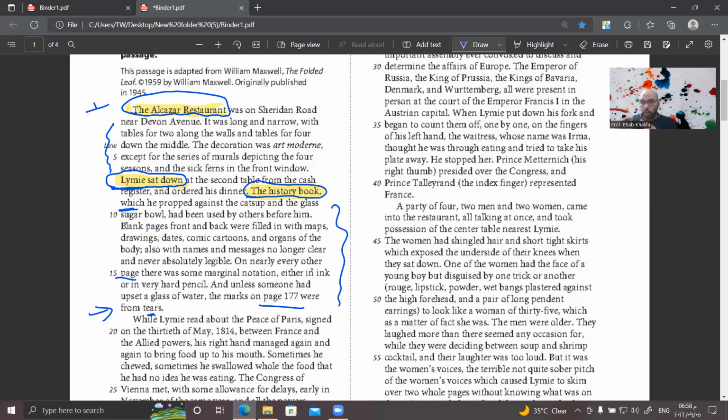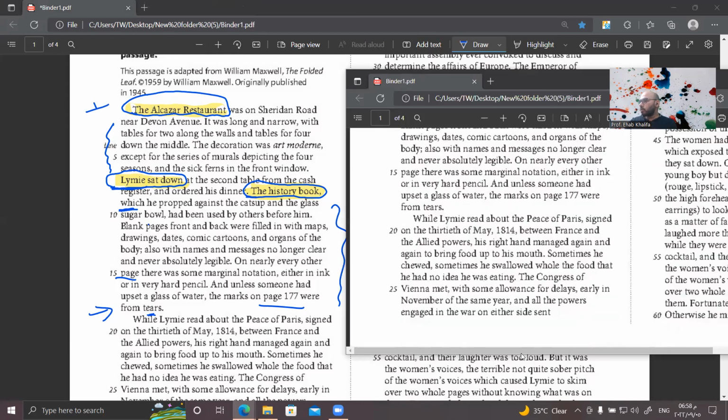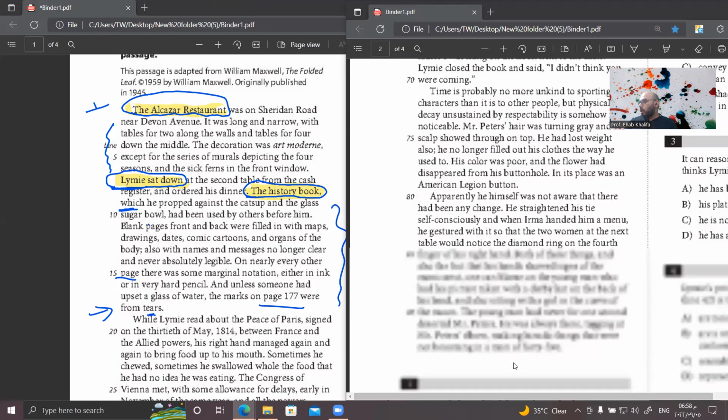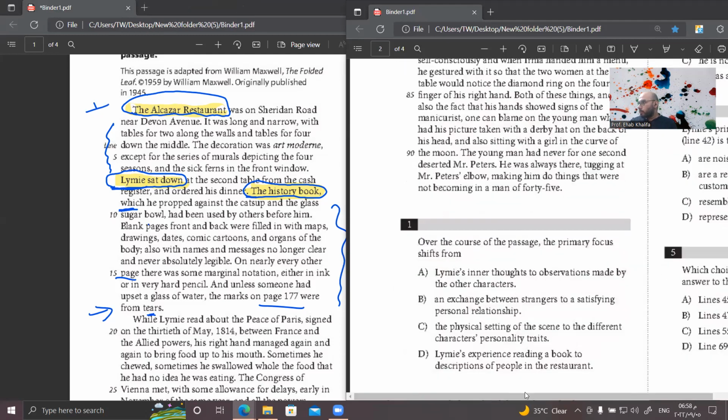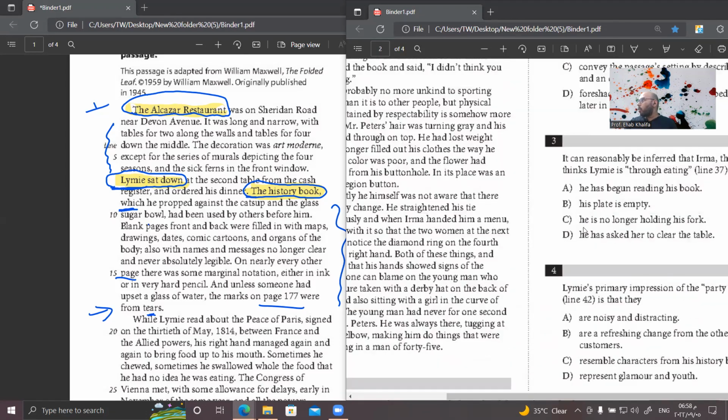If I ask you now to answer a specific question, would you be able to do that? For example, this question, guys. Asking about the first paragraph only.